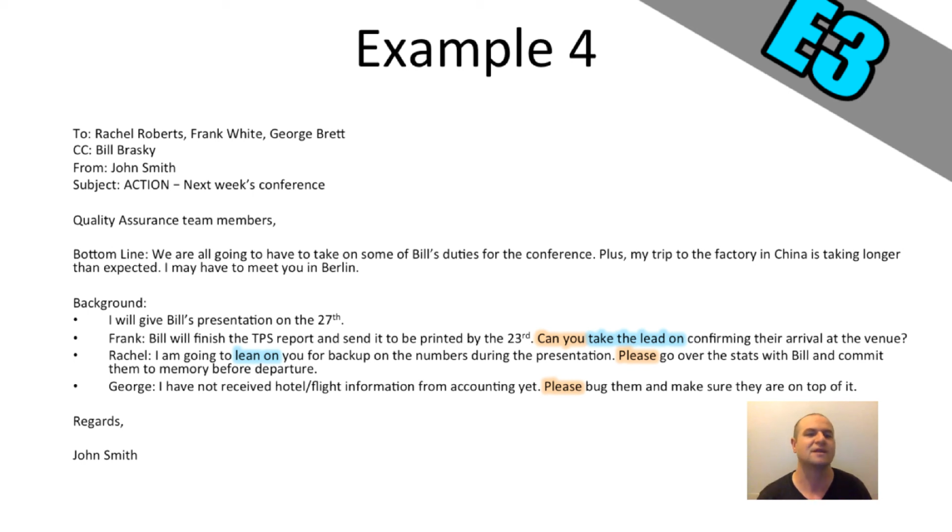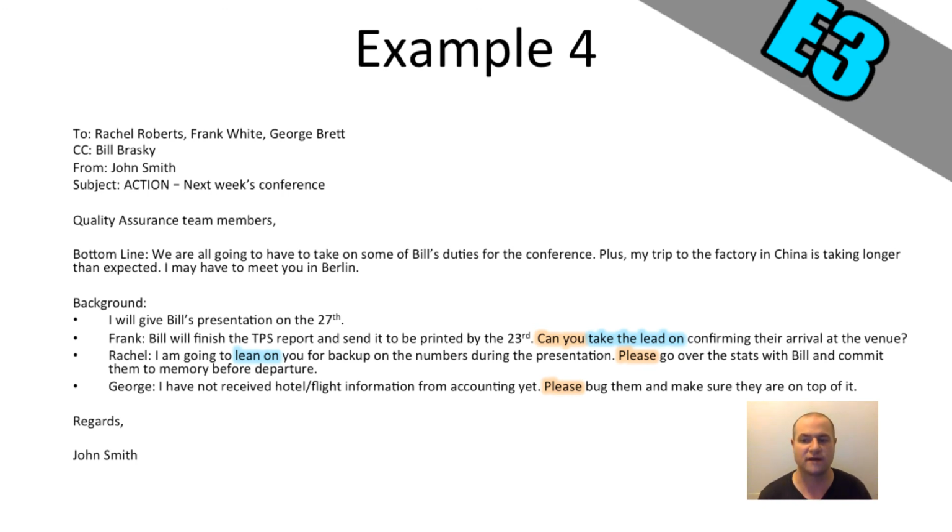Example 4. This would be a separate email. The first email is just making everybody aware of the situation. You actually use a separate email to figure out the logistics of dealing with the situation. Here you see the same people, and it says subject: Action, next week's conference, quality assurance team members. Bottom line: we are going to have to take on some of Bill's duties for the conference.